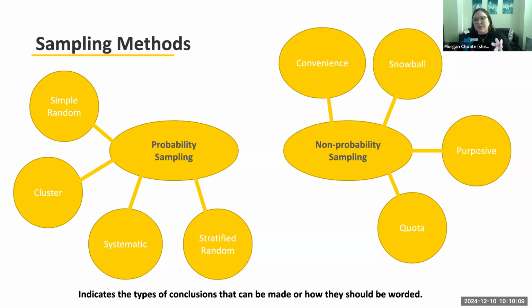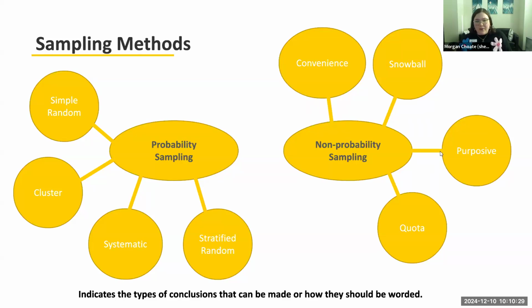That's not a conclusion you can make. So keeping an eye out for that randomization and noticing what conclusions they're making, to see if they even have the methodology to warrant those conclusions, is important.